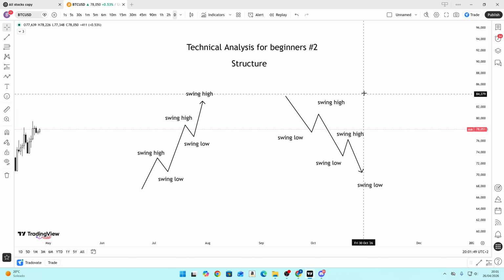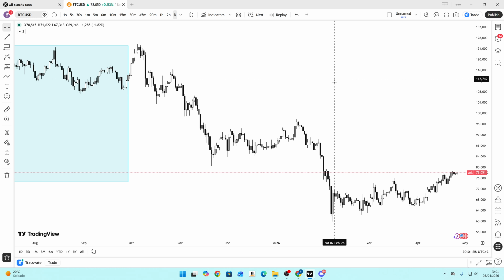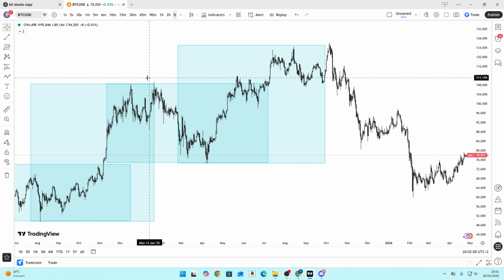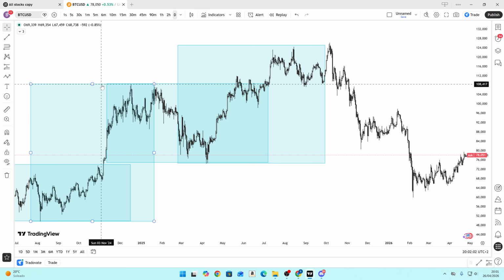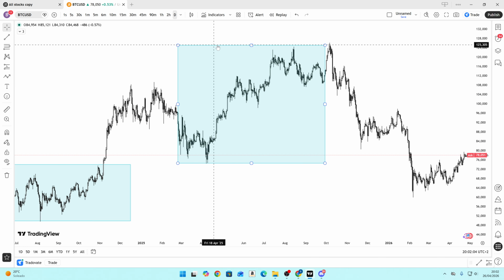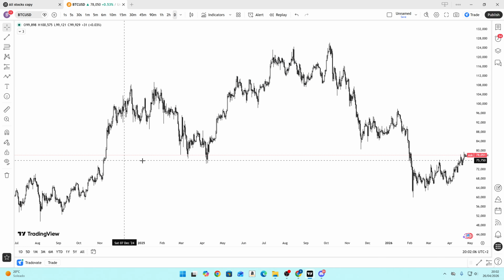Now, how can we identify if the market is coming down or going up? For now, it's very simple. This is just so you have a bit of understanding.